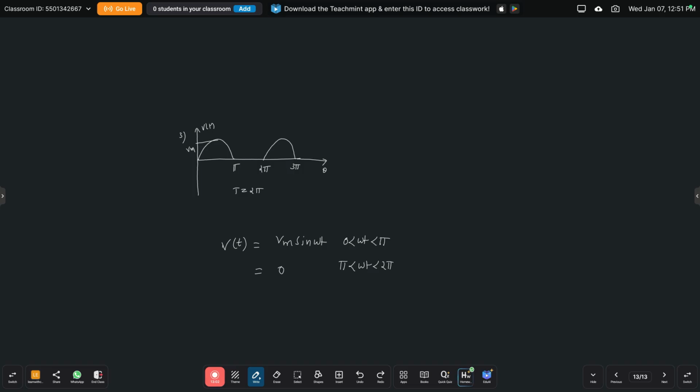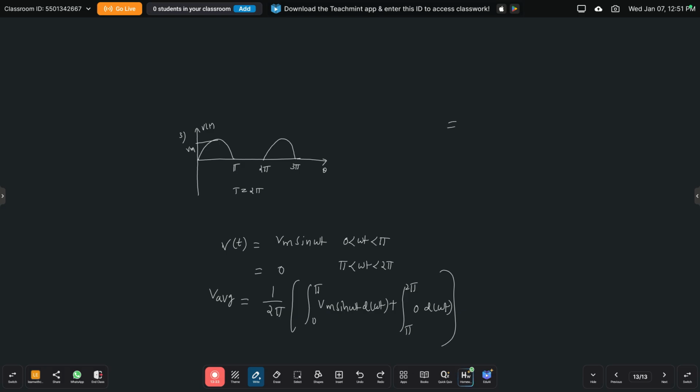So therefore let us find the average value. The V average is 1 by 2 pi, the total time period, integral 0 to pi Vm sin omega t d of omega t plus, from pi to 2 pi it is 0, so 0 d of omega t.